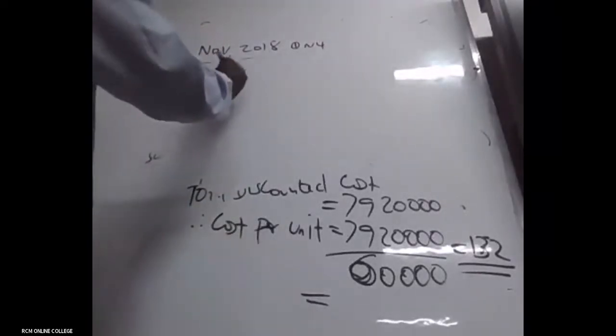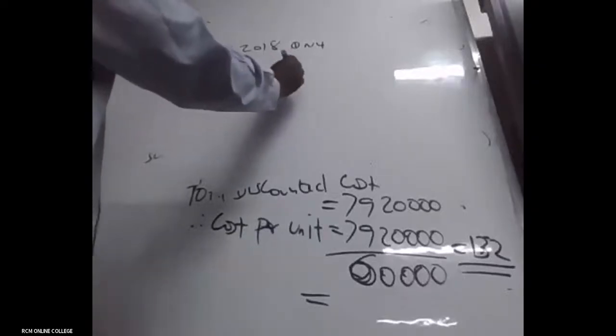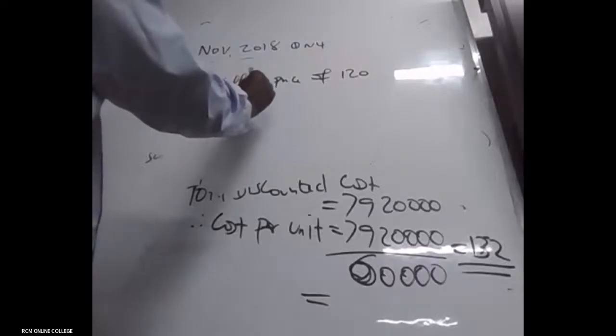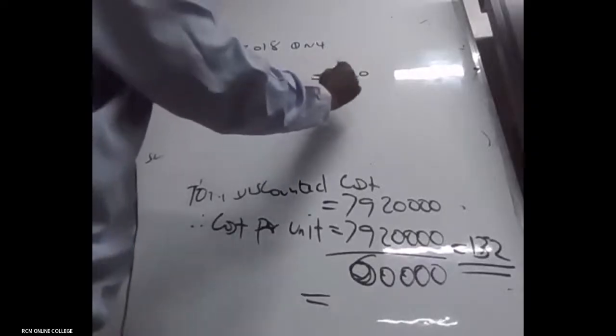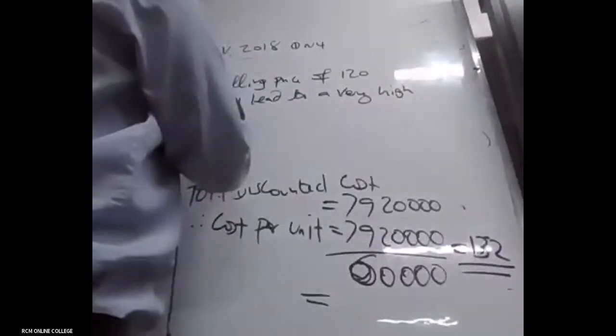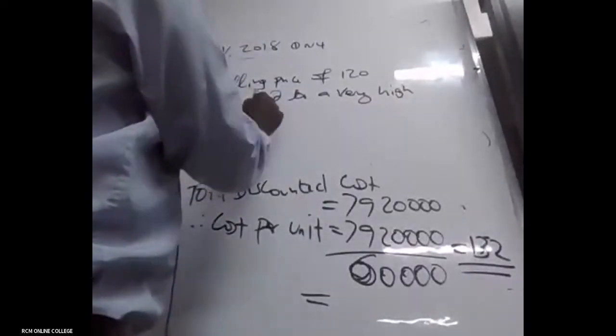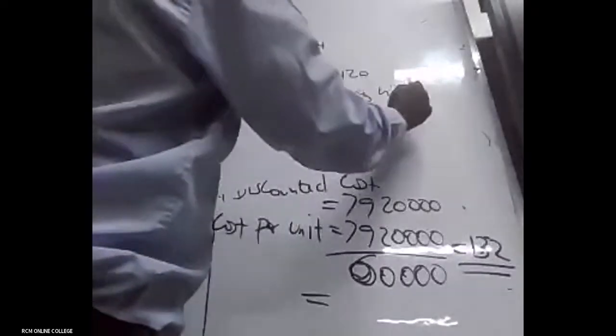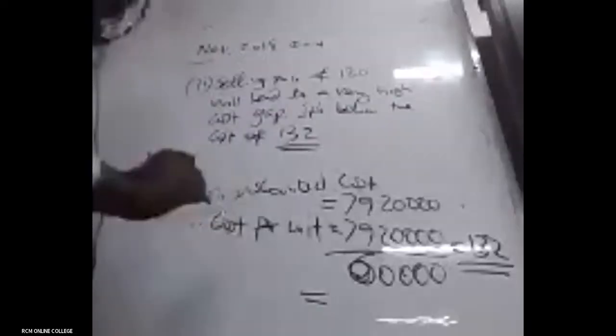So in this case here for Roman 2, a selling price of 120 will lead to a very high cost gap. It is below the cost of what here, cost of 132.